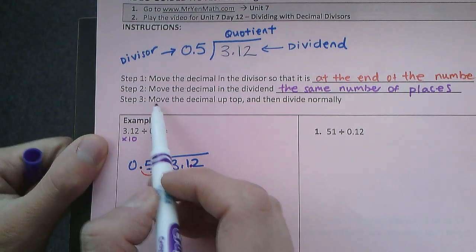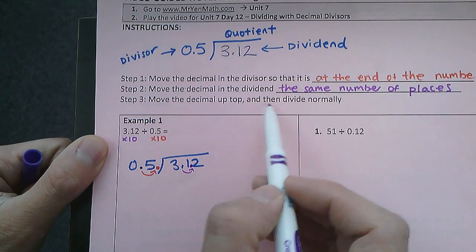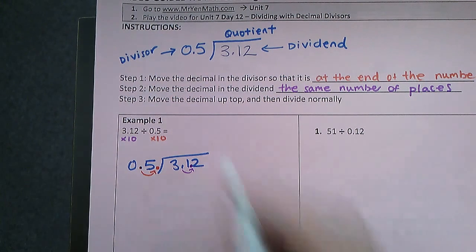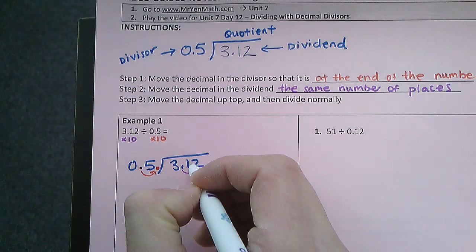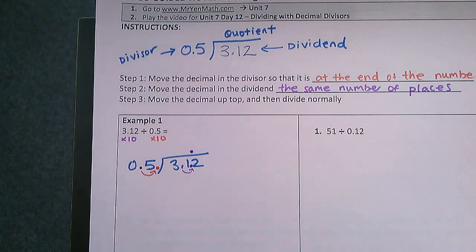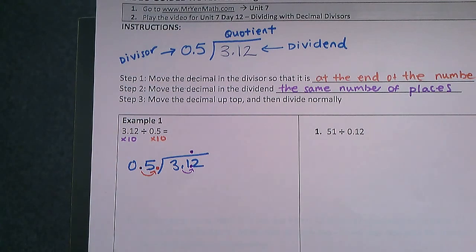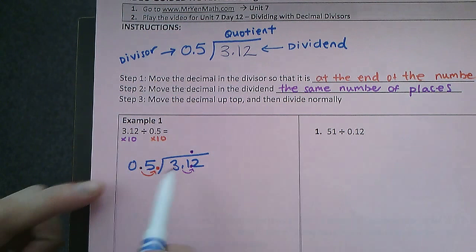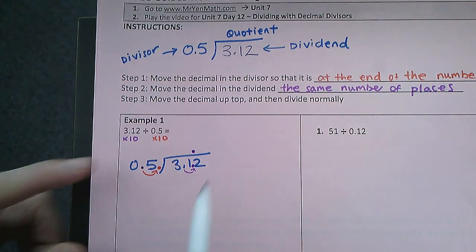Then step 3 says to move the decimal up top and then divide normally. So the decimal is right here. I'll be very careful and bring it directly above right there. And now I can divide the rest like I normally would.